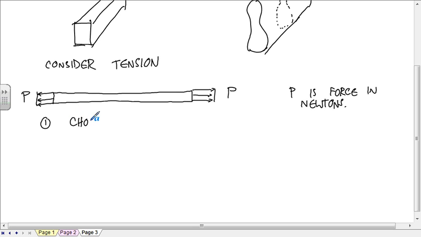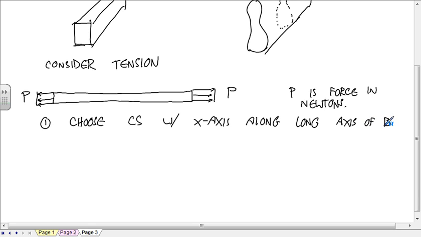And just by convention, we're always going to choose a coordinate system with the x-axis pointing along the length, so it's along the long axis of the bar.